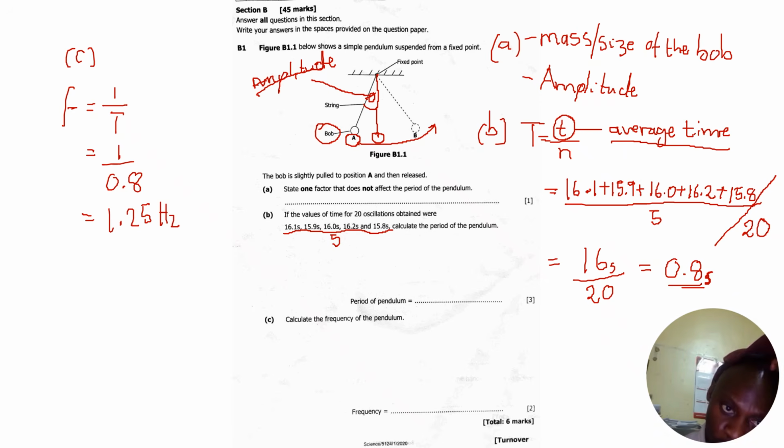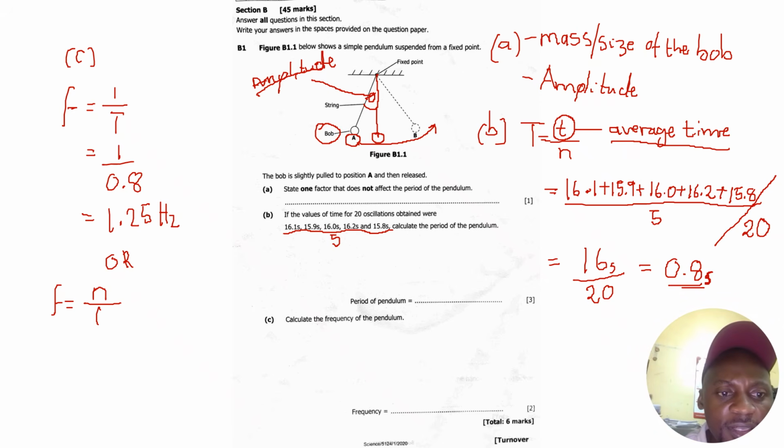Or if you want, another formula for calculating frequency equals the number of oscillations divided by the time taken.